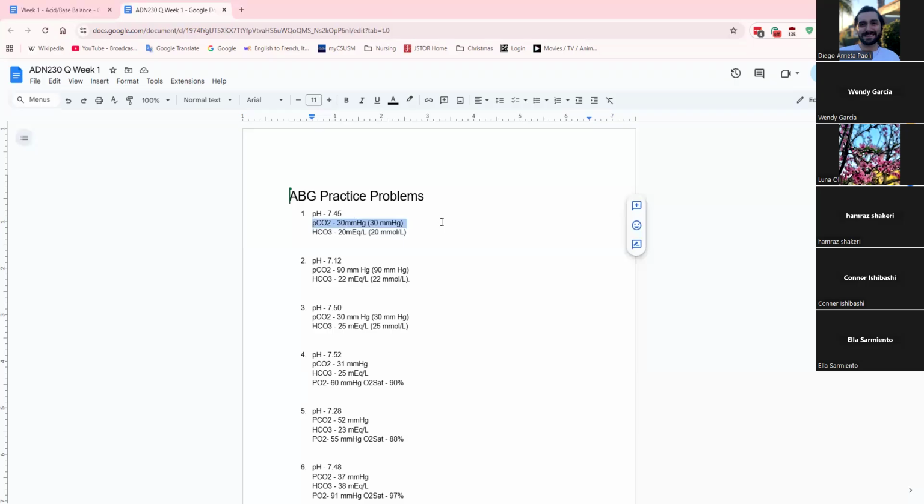And if it is abnormal, is it indicative of acidosis or being basic? That's low.